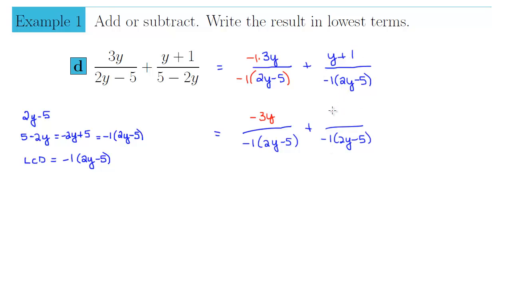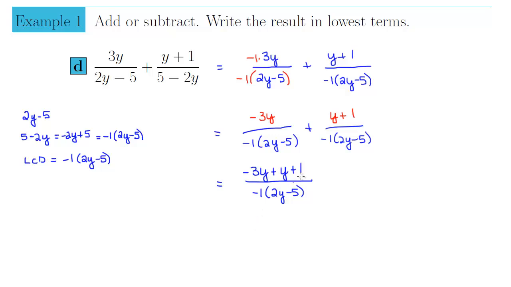Now this rational expression already has negative 1 times 2y minus 5 in the denominator, so I don't need to multiply by anything here. That is, I can simply rewrite my numerator and it stays the same. We now have like denominators and we can put this together. Combine by adding up the numerators. We have negative 3y plus 1 all over negative 1 times 2y minus 5.